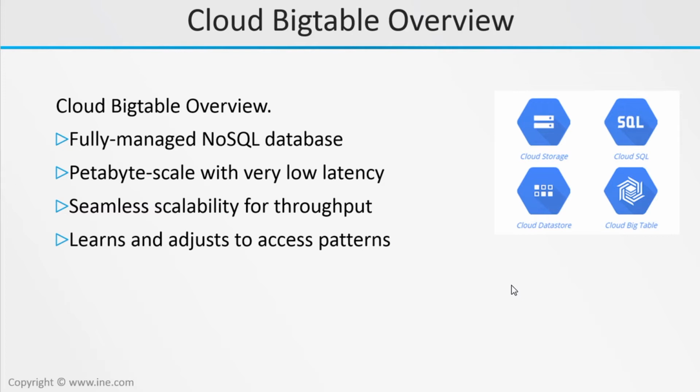For example, you can create your application and create persistent multi-dimensional sorted maps. You could index by row, timestamps, whatever you want. You could also access this with HBase, Apache HBase.